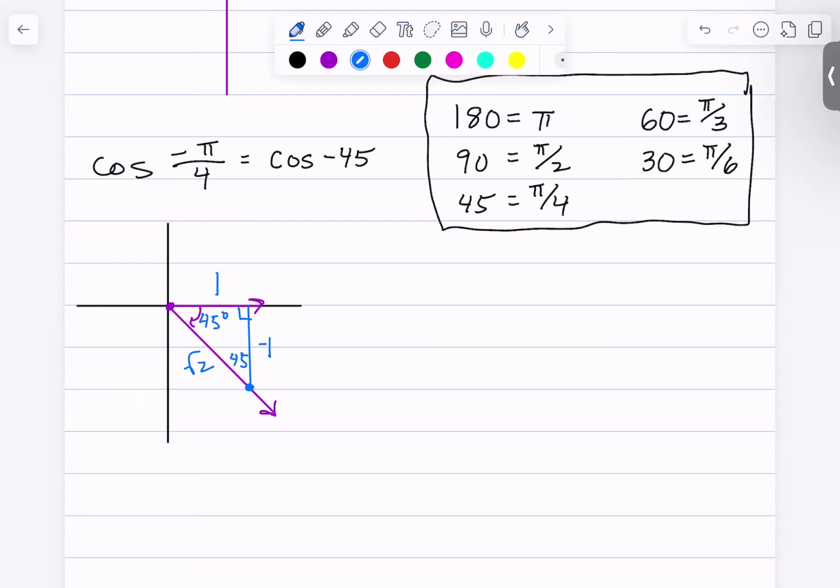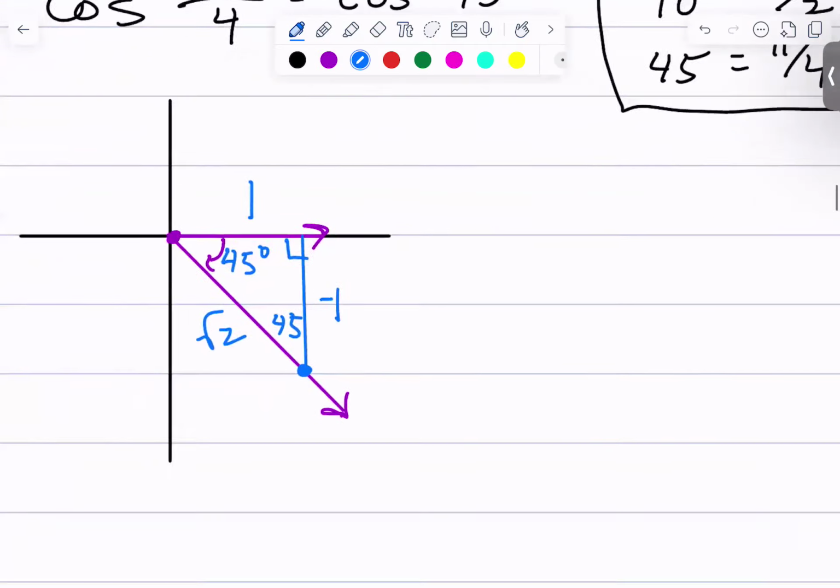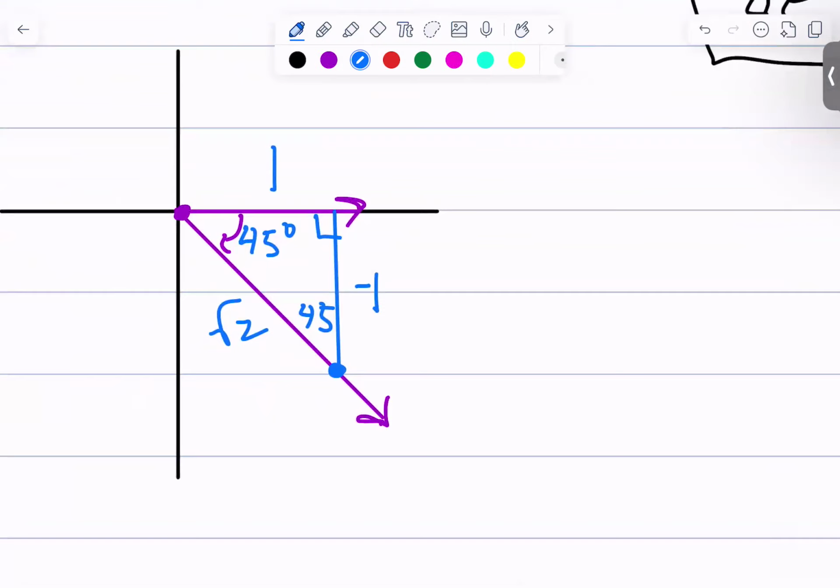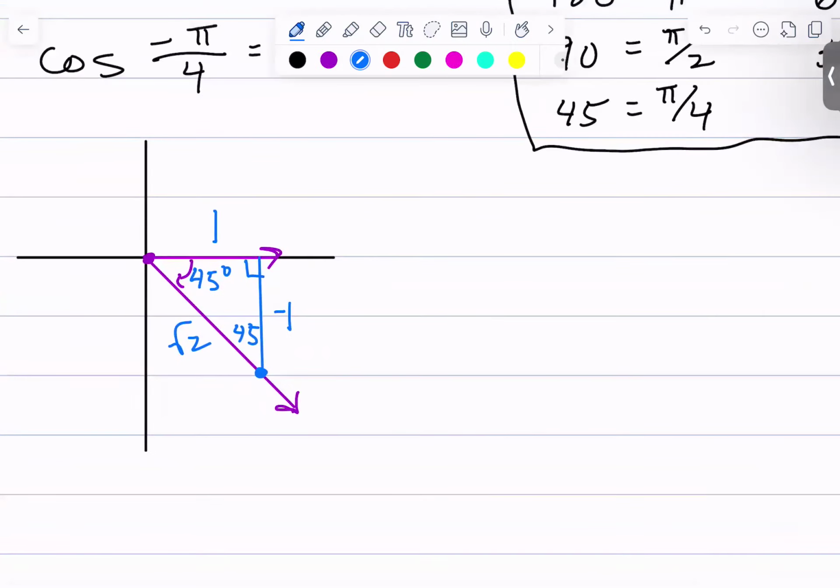So that's a negative right there. So those are my side lengths, right? And my r is always positive. So if I want the cosine of this triangle, which is -pi/4, it's going to be x over r, which is 1 over square root of 2, or square root of 2 over 2.